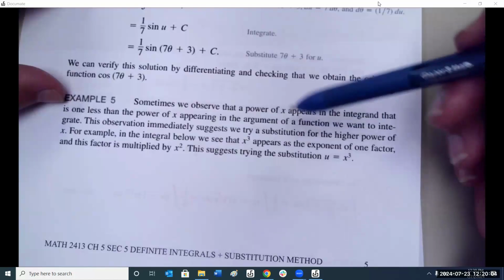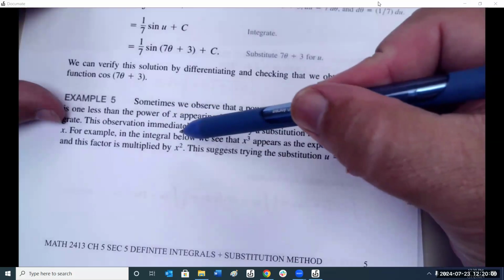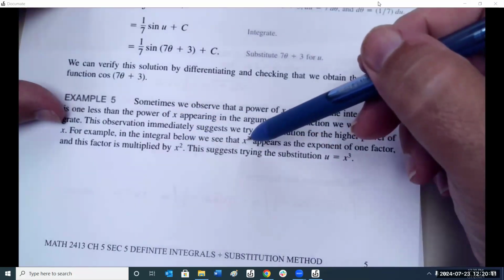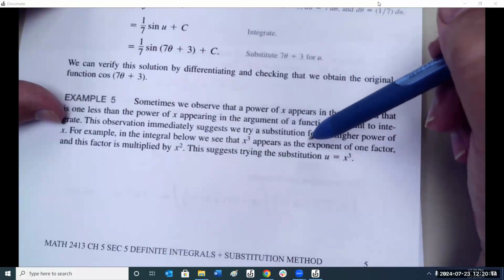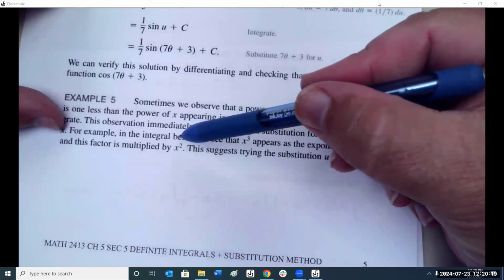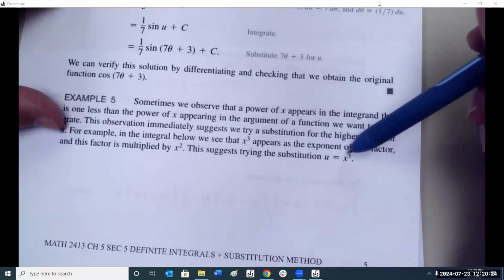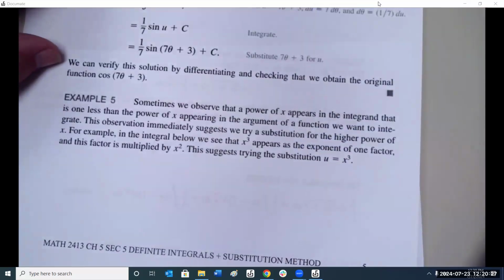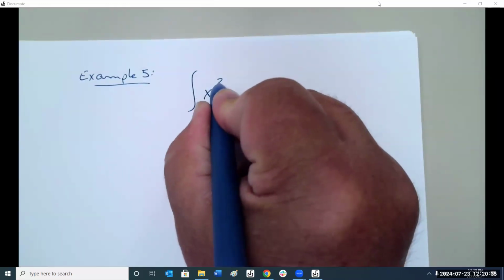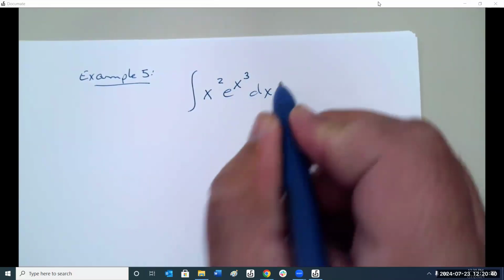This observation immediately suggests we try a substitution for a higher power of x. For example, in the integral below, we see that x cubed appears as the exponent of one factor, and this factor is multiplied by x squared. This suggests trying the substitution u equals x cubed. So what it's saying is this. If we have this.